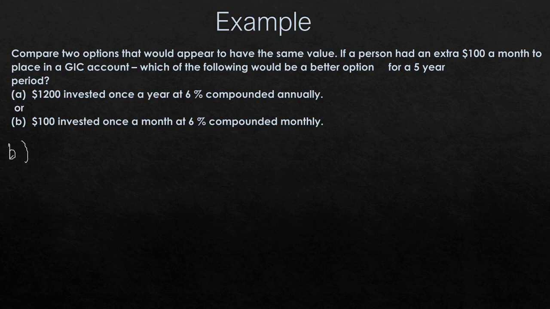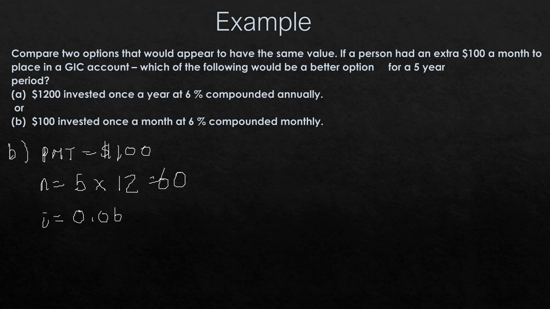For B, I have a payment amount of $100 because we're investing $100 once a month. My N, it's 5 years, but it's monthly, so we have 5 times 12. So I have 60 payments. So my N is 60. And my I is going to be 0.06 divided by 12 because it's compounded monthly. So I get 0.005 as my interest rate.